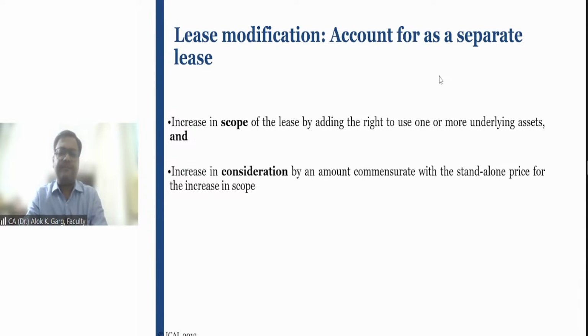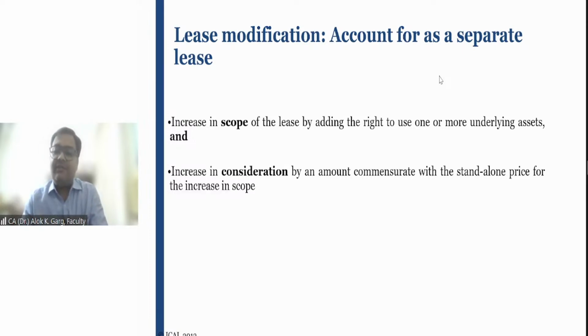So friends, whenever there is a change in the lease terms and conditions, whenever there is a lease modification, either it will result in a separate contract or it will result in an adjustment to the existing contract. Now the question arises, when will it result in a separate contract?